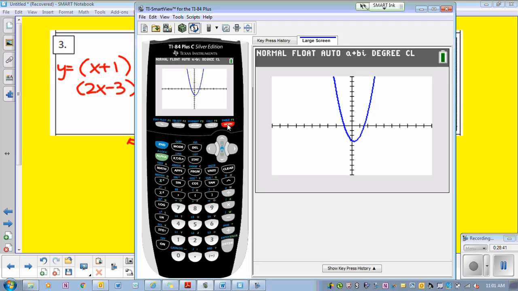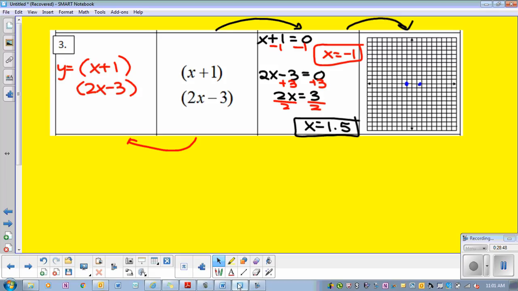Go to second graph. Get a point. 0, -3? Alright, well then we can use that. I know that that's not the vertex. There you go. Something like that, right? Unless I ask you for the vertex, you don't have to find the minimum and the maximum. Fair?